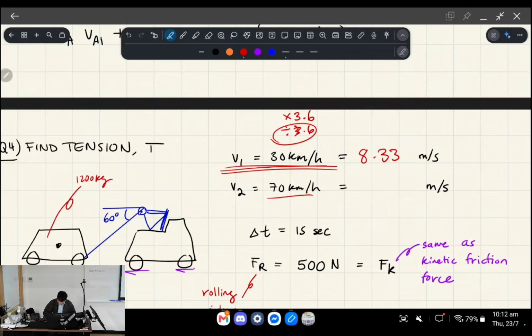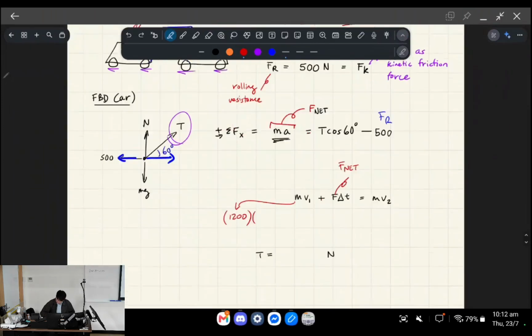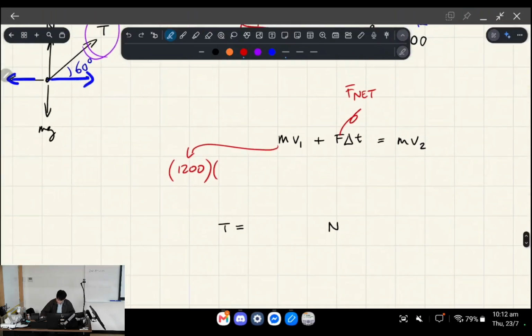Similarly, we're going to divide 70 by 3.6 and we get 19.44 meters per second. So these are the actual values we're going to plug in. We can't plug these in because they're not in SI units, okay? So the SI unit version of V1 is 8.33, and that's going to be there.